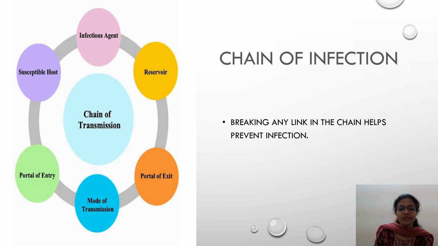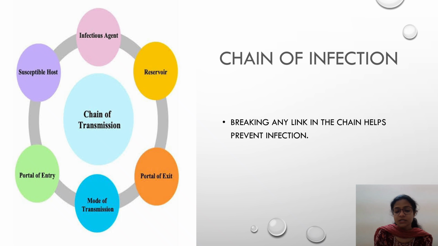Next, the chain of infection is a model used to understand the sequence through which infection is spread. It includes the infectious agent, which lives in the reservoir, exits through the portal of exit, spreads via a mode of transmission, and enters through the portal of entry to the susceptible host.